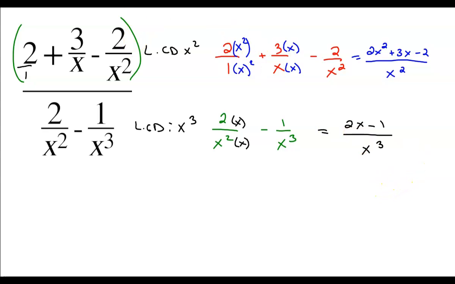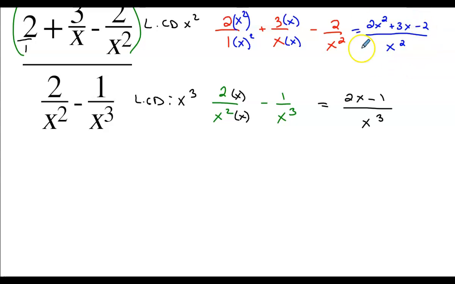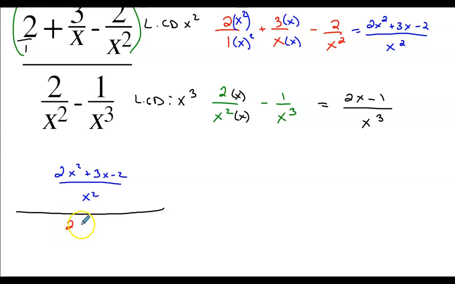I'll write this out a few more times and then I'll shortcut this in the next couple steps. So I have that first 2x squared plus 3x minus 2 all over x squared. My first numerator simplified, all over my denominator simplified, which is 2x minus 1 over x cubed. You can skip this step as soon as you feel comfortable with this.